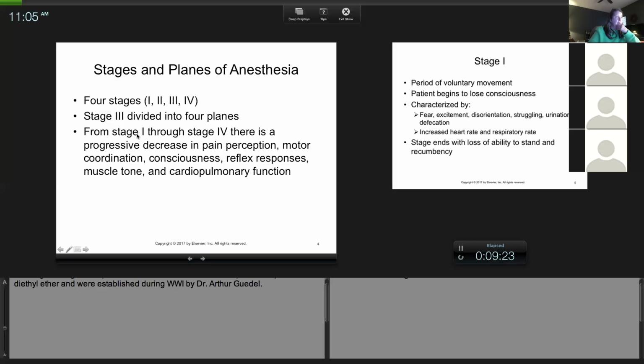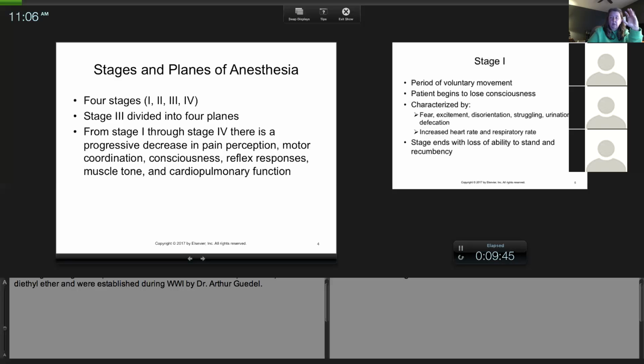Now, as you go from stage 1, which is awake, through stage 4, there's going to be a decrease, obviously, in pain. And how do I determine that? Well, if you pinch their toe when they're awake, pinch your dog's toe and let me see what happens. Your poor dogs, I'm sorry.